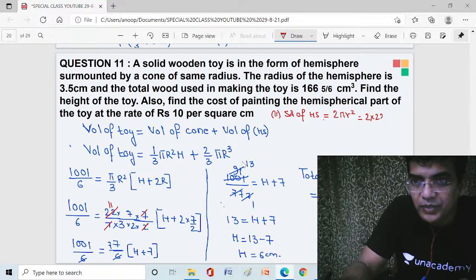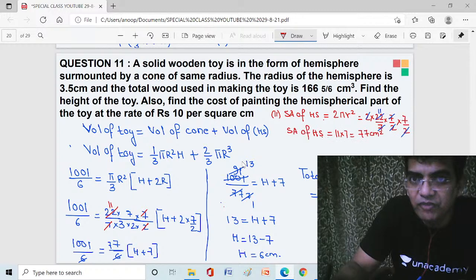So let's see what will cancel out here. This 7 will cancel out, 2 will cancel out, this 2 will reduce this 22 to 11. So you can say that surface area of hemisphere will be 11 into 7, that is 77. So we have calculated the surface area of hemisphere.